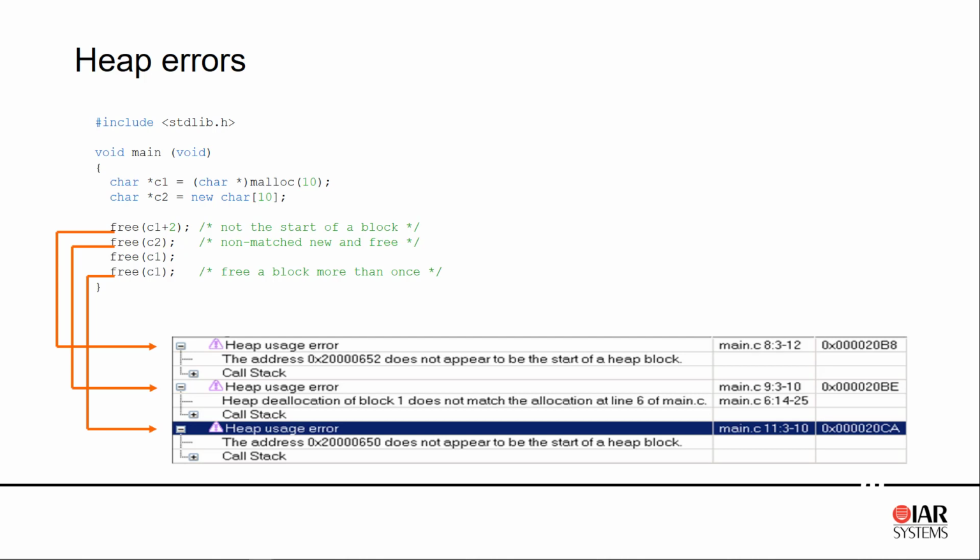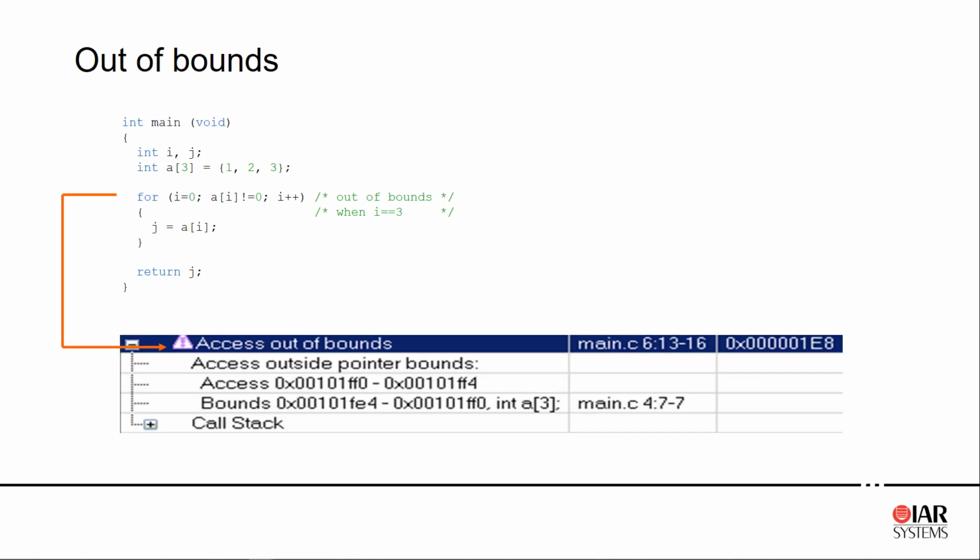They think they have enough heap space left, but the heap has become very fragmented because of their allocation and deallocation of memory off the heap. So they may have enough memory left in the heap, but they don't have enough contiguous memory left in order to be able to malloc off some other pointer that they need. So it's a very common source of errors.